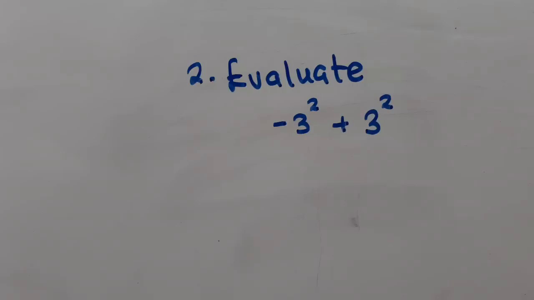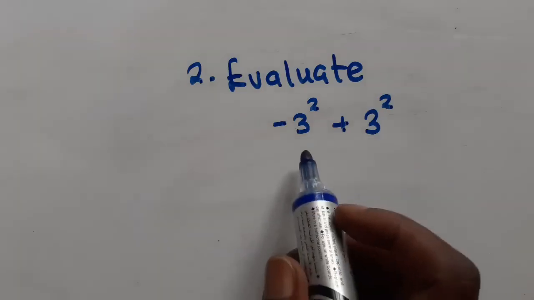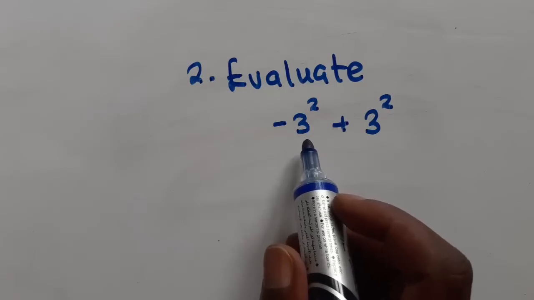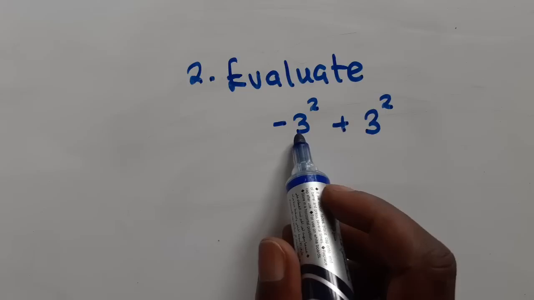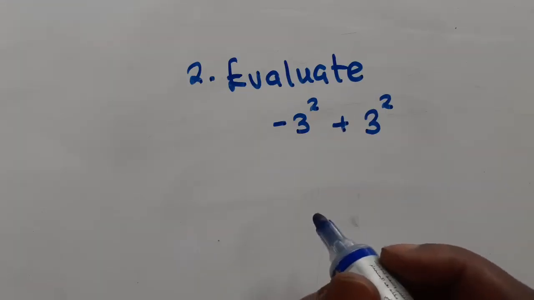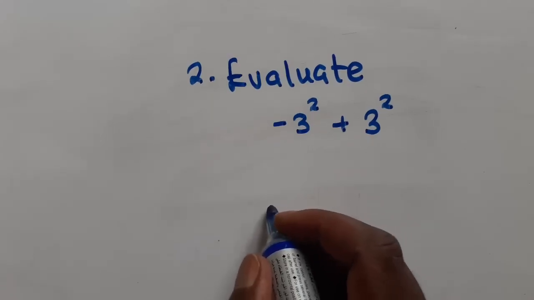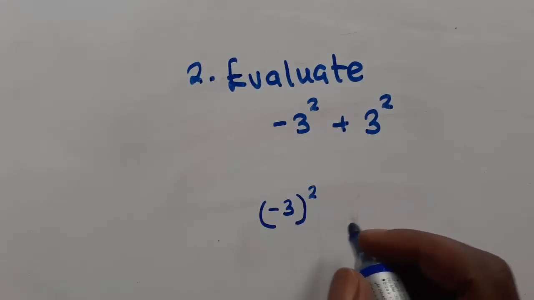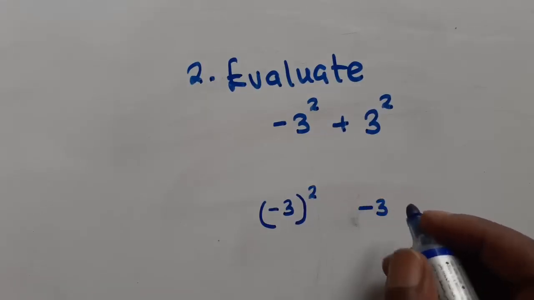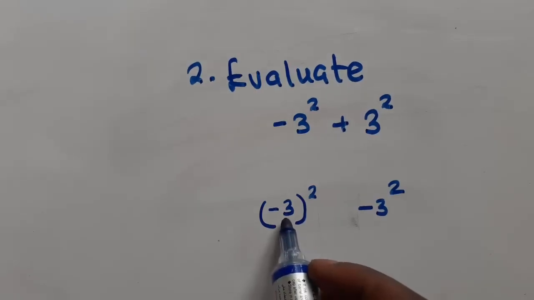So we have question 2 here. How do we evaluate this? Alright? So here you have to understand one thing. I want you to see the difference between this question as well as... So what do you see here?